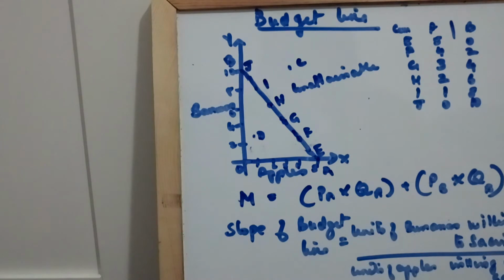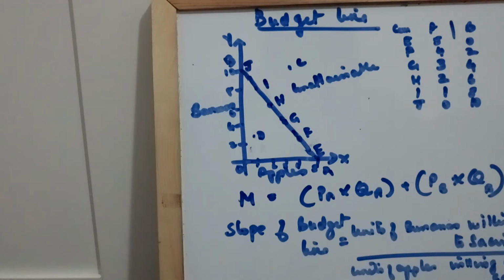So the consumer's budget states the real income or his purchasing power, and from which he can make combinations of different quantities of goods which give him the maximum satisfaction.